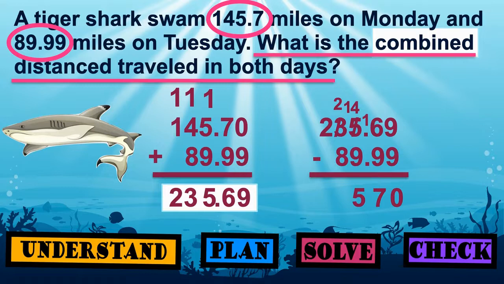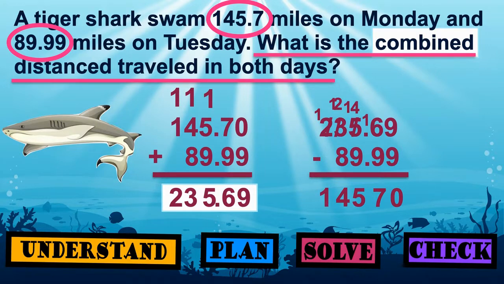Look at our situation again. We can't take 8 from 2, so that means we go to our 2, we rename that to a 1, and our next 2 becomes now a 12. We can take 8 from 12. That gives us 4. And 0 from 1 gives us 1.